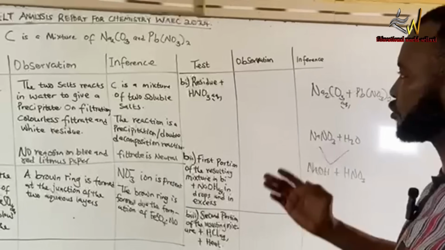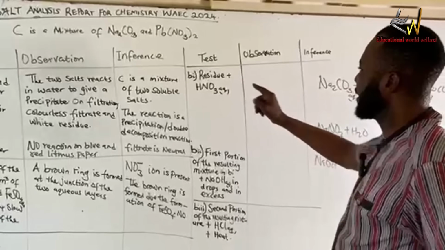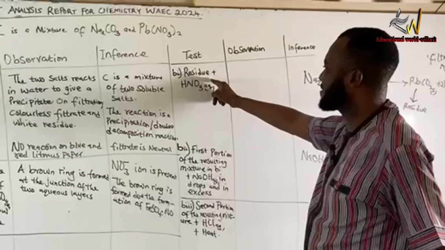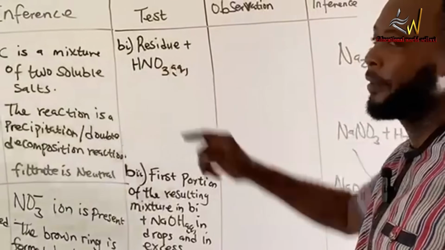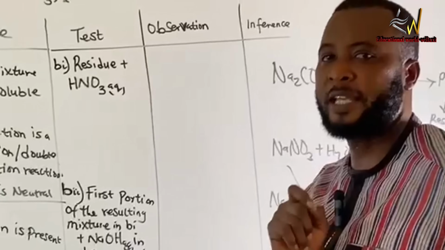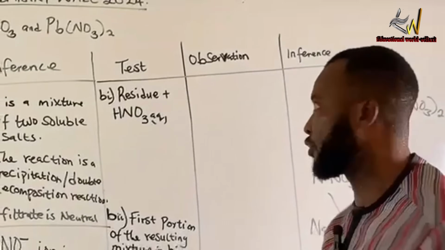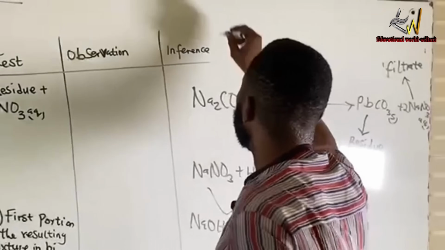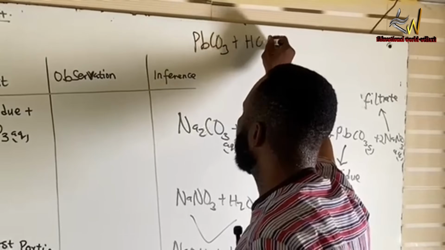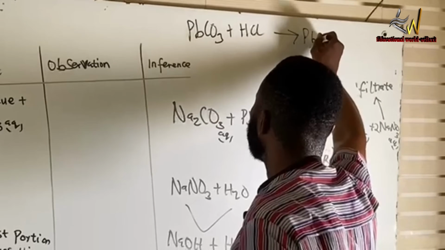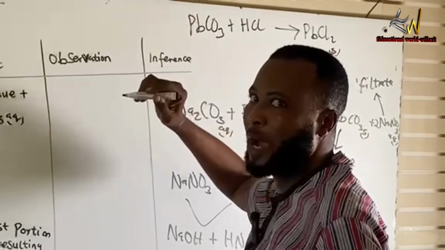Now, the residue, they will ask you to add HNO3 solution to the residue. I do not take aqueous HCl or aqueous H2SO4, because this residue is PbCO3, and when you use HCl, there is formation of PbCl2, which is an insoluble white precipitate.